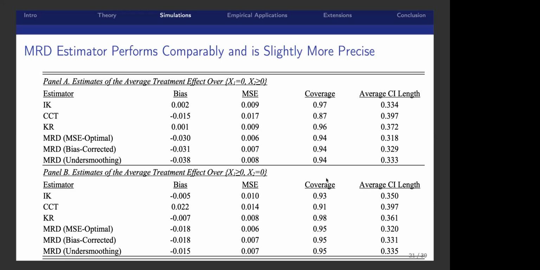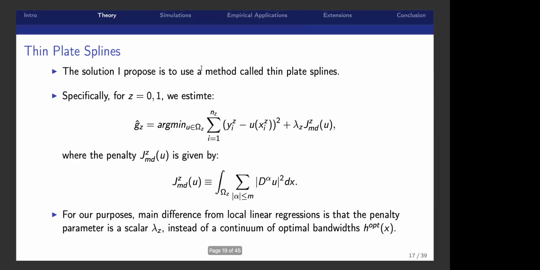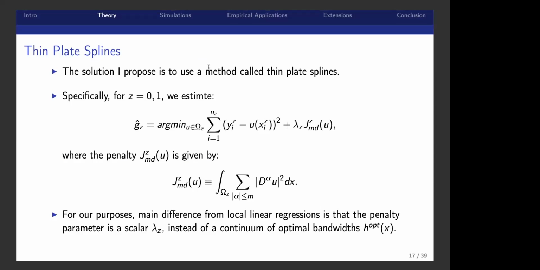Does it? Yeah, I missed the bias part a bit. You're right that it's doing a little bit worse on the bias perhaps. Related to that, in your method with the thin plate spline, you have this single penalty parameter. Yes. So one might think that in some way that's restrictive.